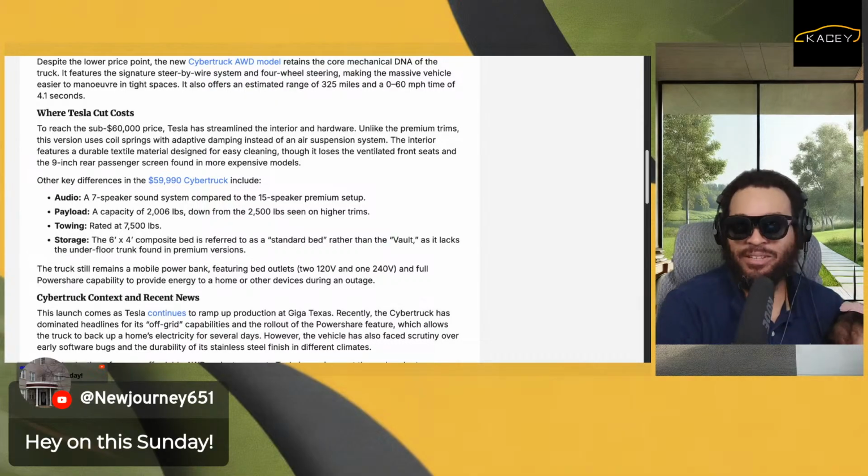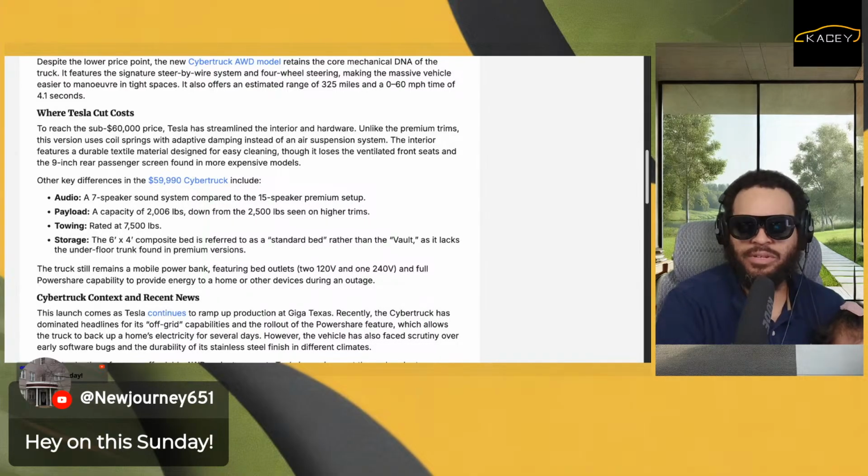The payload does drop on this one from 2,500 down to 2,006 pounds, and it loses the smuggler's cove, the under trunk of the trunk, for reasons. So did the other one, which I guess they're still using some of that, but not making it as crummy a value.